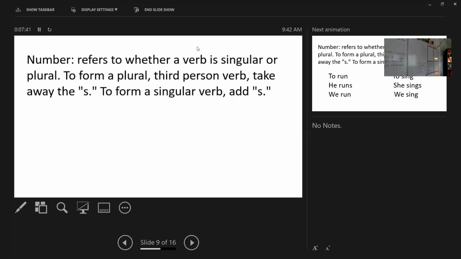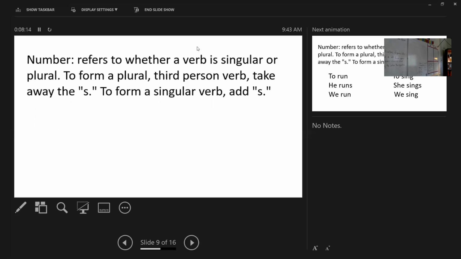Now, in just a minute in chapter 1 we're going to talk about how you make a noun plural or singular. For most regular nouns, how do you make it singular or plural? Add S or ES to make it plural, right? Now, verbs, however, their number is absolutely the opposite. There's a general rule for verbs and making them singular or plural. Anybody know what the rule is? It's the opposite of how you make nouns singular or plural.